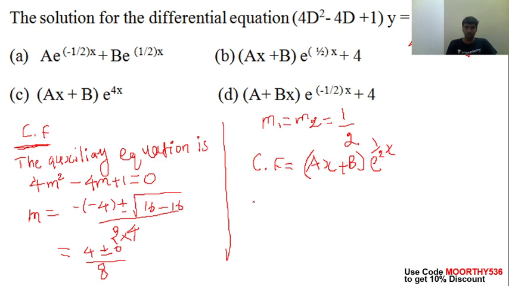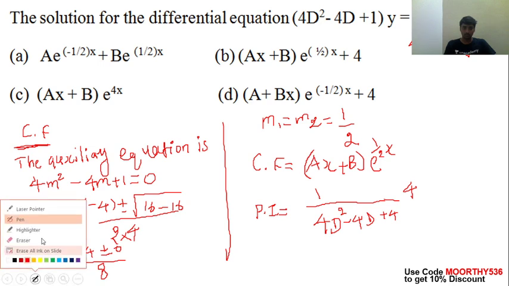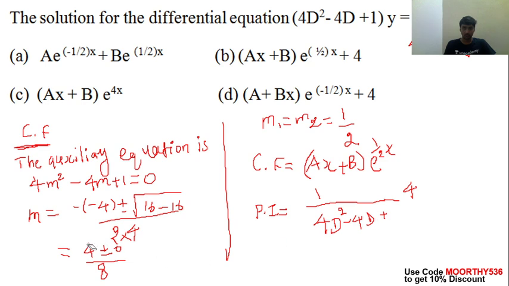Coming to the particular integral solution, PI = 1/f(D) = 1/(4D² − 4D + 1) × 4e^(0x).